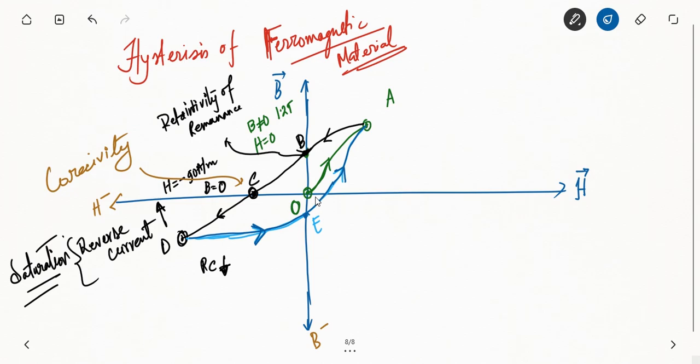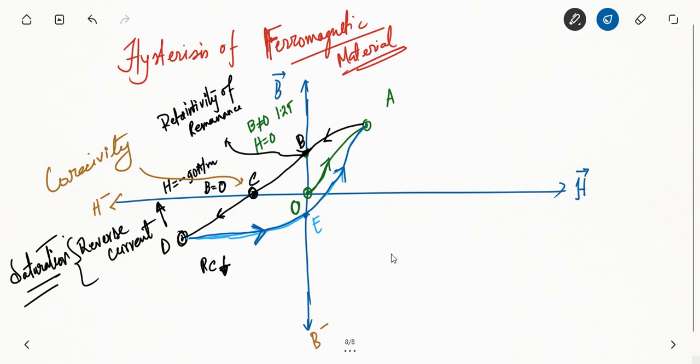And you see that the curve OA does not retrace itself as B is reduced. This is a unique pattern, but it depends on the previous history of the sample. That is very important. This phenomenon is known as hysteresis, and hysteresis means lagging behind.